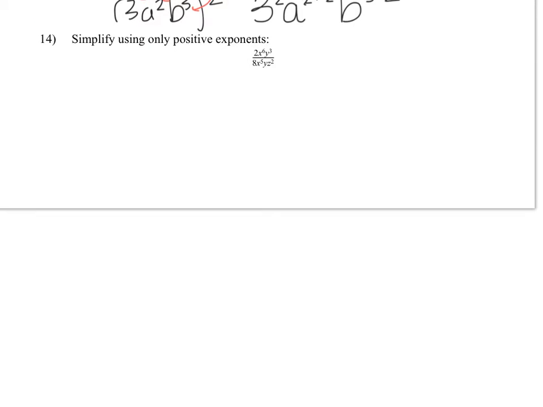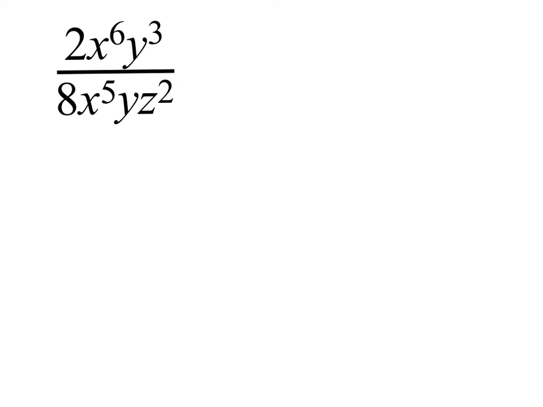Number 14 requires you to simplify using only positive exponents. There is quite a lot going on in the numerator and in the denominator of this fraction. Let's look at the coefficients first. Don't even bother with the exponents at this part. The coefficients, if you just had a fraction, would be 2/8.